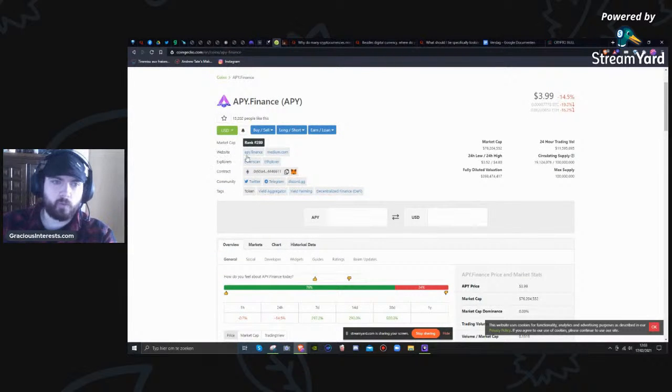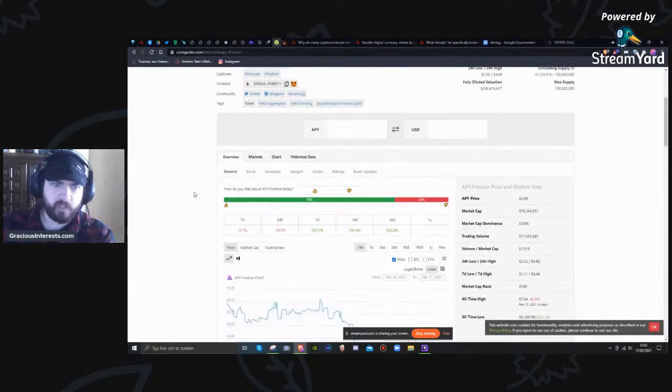We see here it has two dedicated websites, its own website and a page probably on medium.com. Explorers: Etherscan Explorer, which implies it is a token and not necessarily a coin, making use of the Ethereum blockchain. I see there are three community pages: Twitter, Telegram, Discord. More on that later.